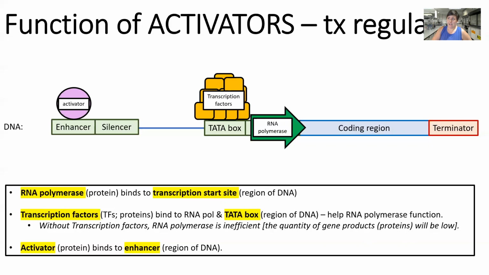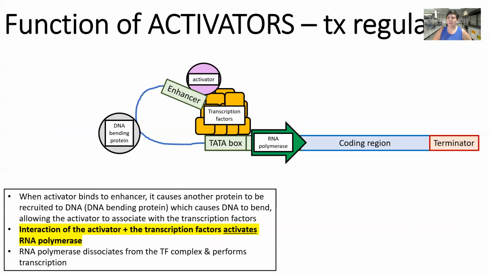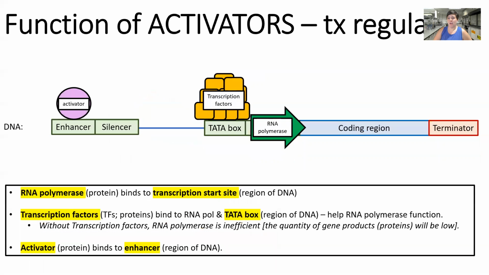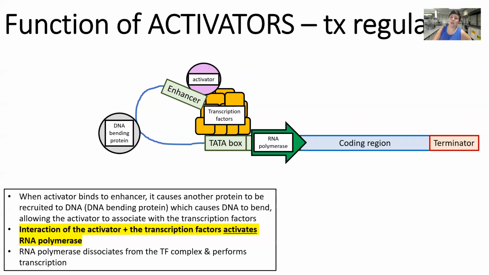What happens when that activator binds to the enhancer is it recruits another protein, called a DNA bending protein. And you can see what happens when the activator binds to the enhancer. The DNA bending protein literally causes the DNA to bend over, and that allows the activator to associate with the transcription factors.